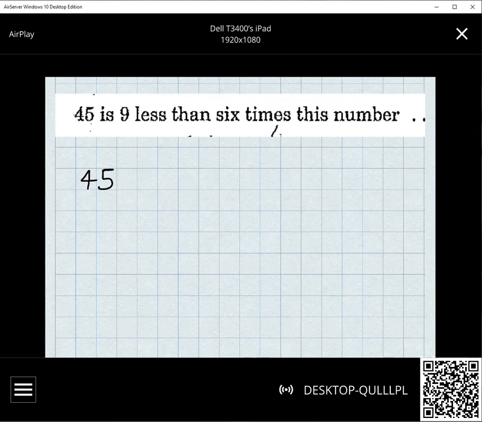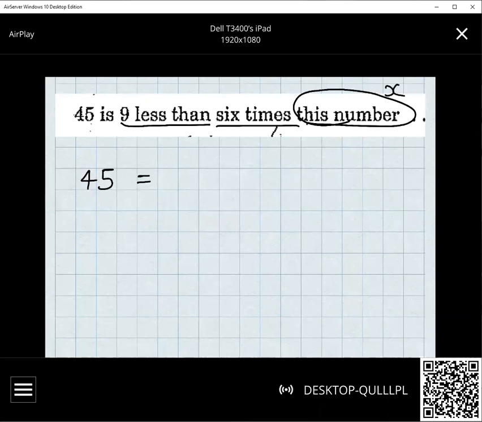You start at the 45. What does the word is mean? Is means equal. 9 less than 6 times this number. This number is the x over here. Okay.